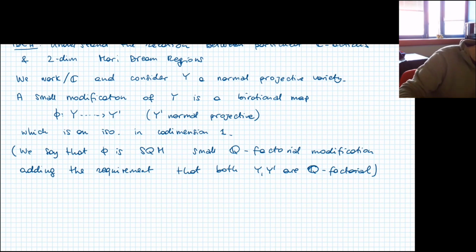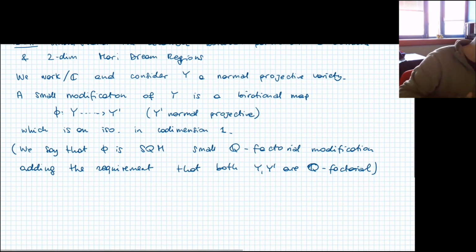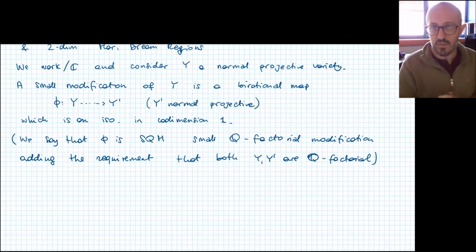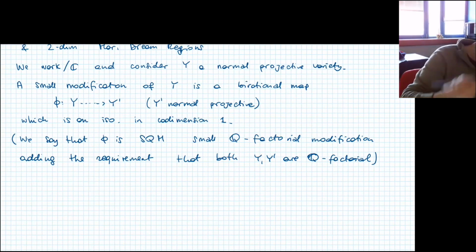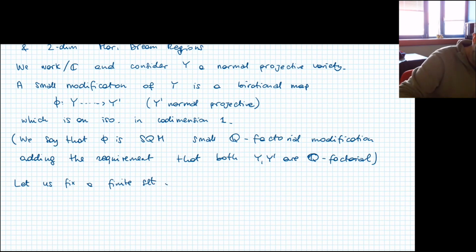So fix Y as above, and let me introduce one ring that is very familiar to birational geometers. So let us fix a finite set of effective Cartier divisors on Y. Let's call them L1 to LK.